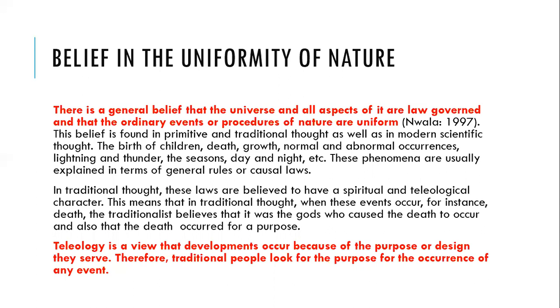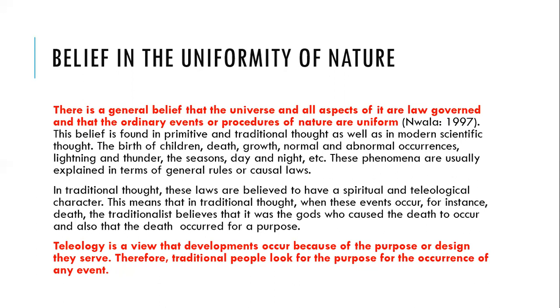So the moment I say lightning, I'm just waiting. I know in a matter of seconds the thunder is coming. They are laws. The seasons, day and night. These phenomena are usually explained in terms of general rules or causal laws.